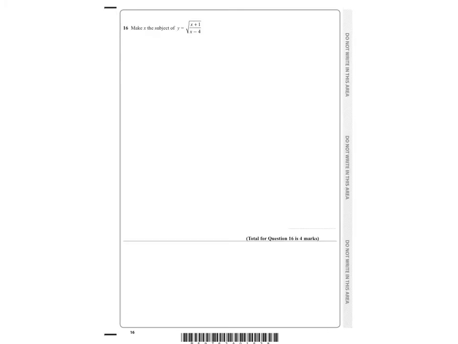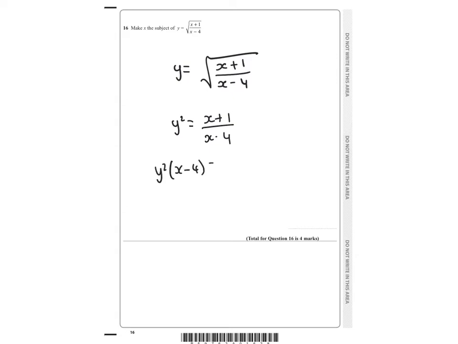Okay, then. Moving on to question 16. Make x the subject. So we have y equals the square root of (x plus 1) over (x minus 4). First thing I'm going to do is square both sides. So I'm going to get y squared equals (x plus 1) over (x minus 4). I'm going to multiply both sides by x minus 4. So y squared times (x minus 4) equals x plus 1. I'm going to multiply the bracket on the left. So I'm going to get xy squared minus 4y squared equals x plus 1.